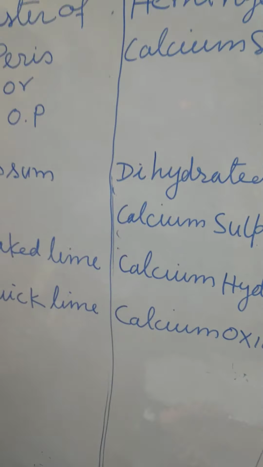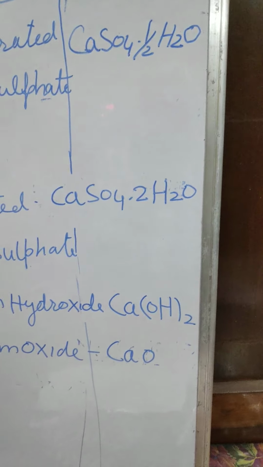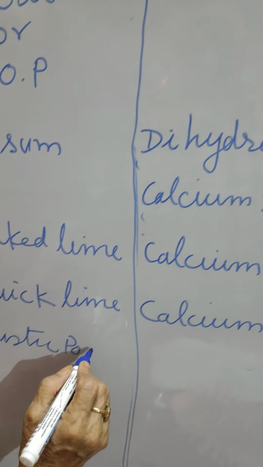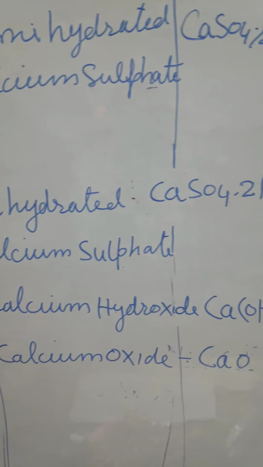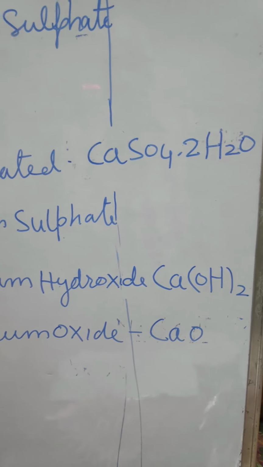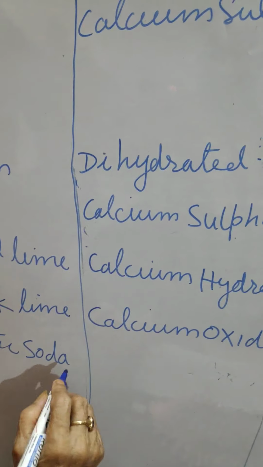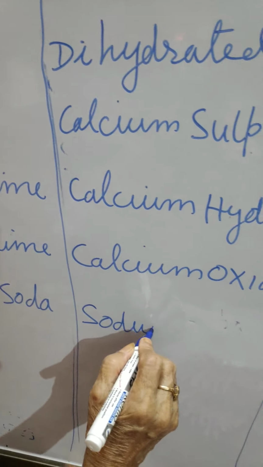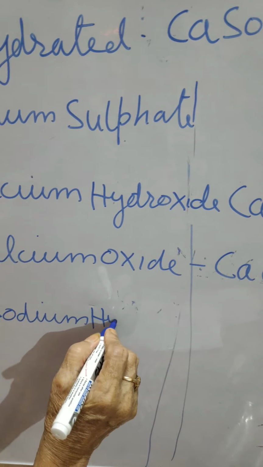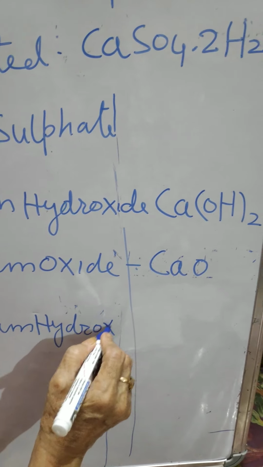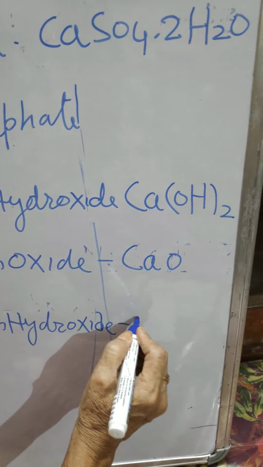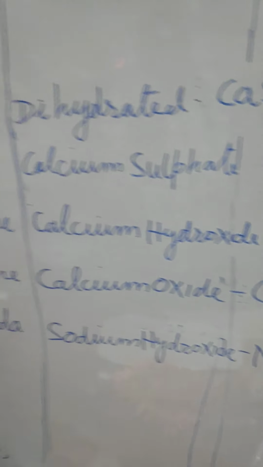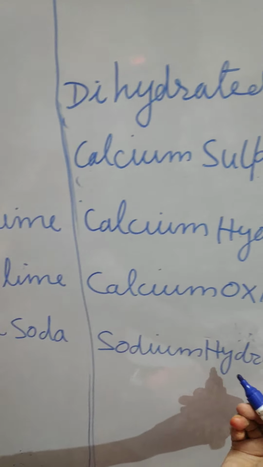Ninth one is caustic soda, that is sodium hydroxide, NaOH. Now caustic soda, sodium hydroxide, and NaOH.